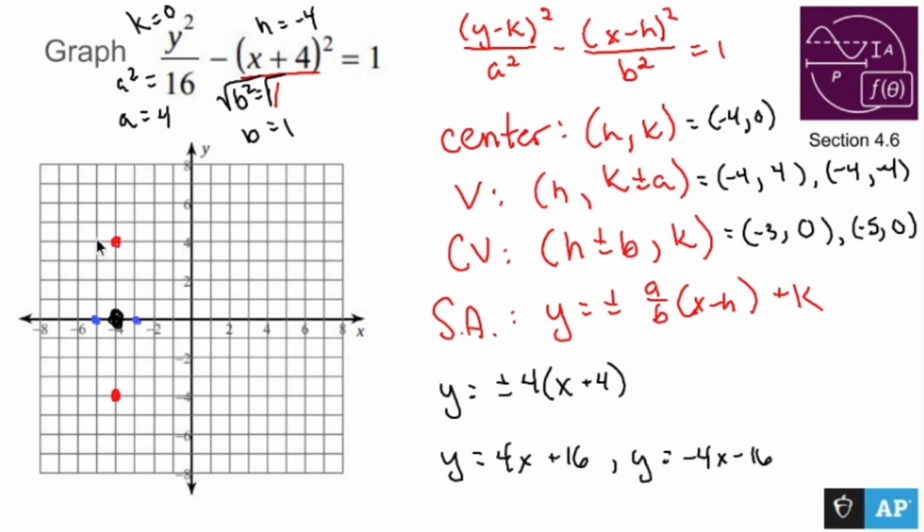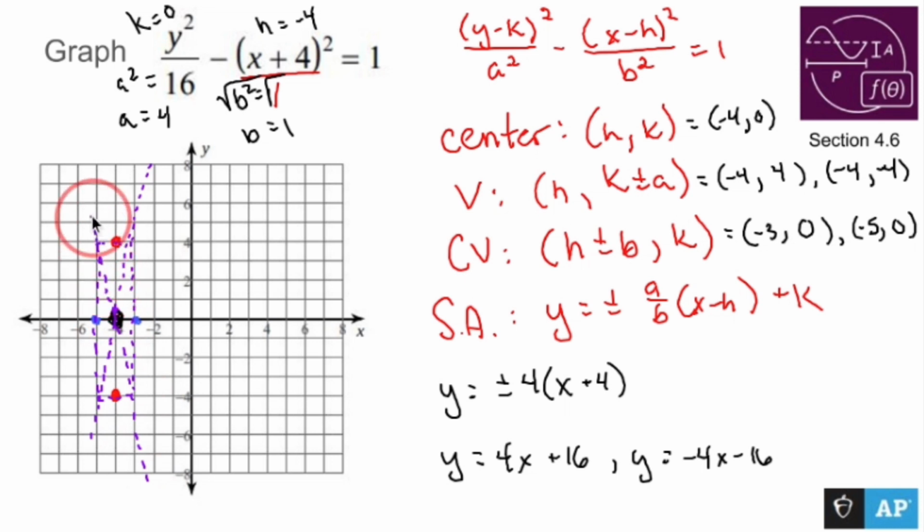Now, the diagonals of my box would be my slant asymptotes. And as you can see from the x or the y intercepts of my slant asymptotes, drawing them is not going to be fun. So I'm basically just going to draw the dashed line representing the skinniness of my hyperbolas.